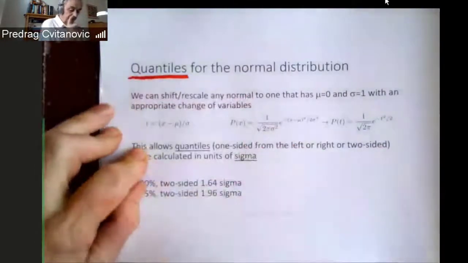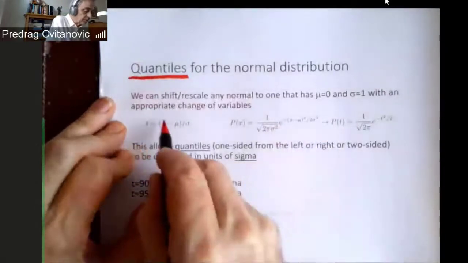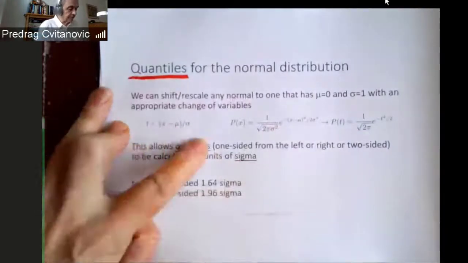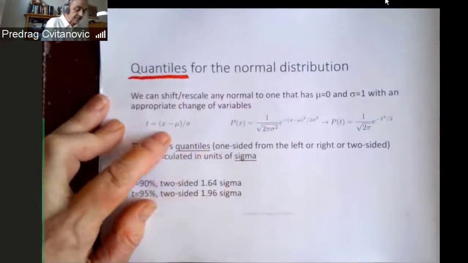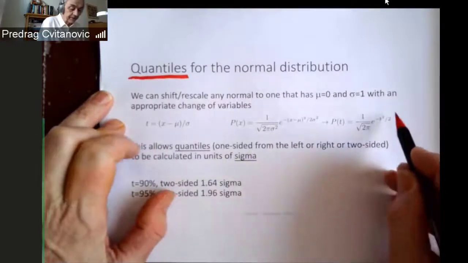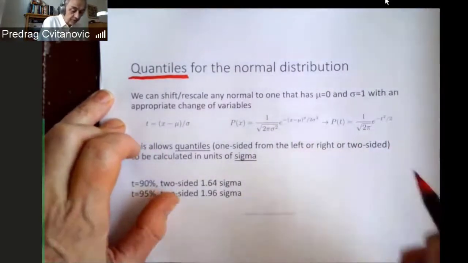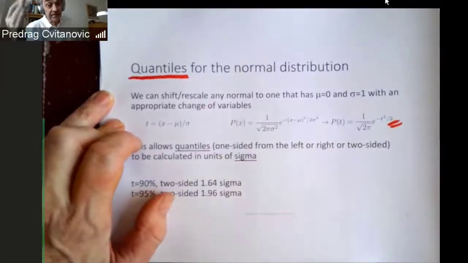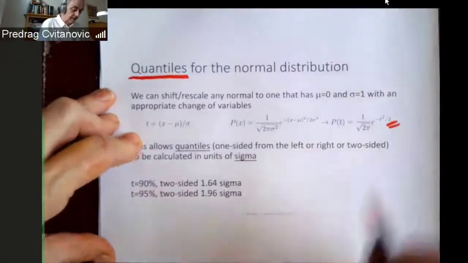For any probability distribution, we can go to a new variable where we measure the distance in units of standard deviation. So we go from x's to t's. And then our probability distribution comes in this normal standard form with a factor 1/2, which probabilists don't use, but physicists always use. So this 1/2 shows up here.